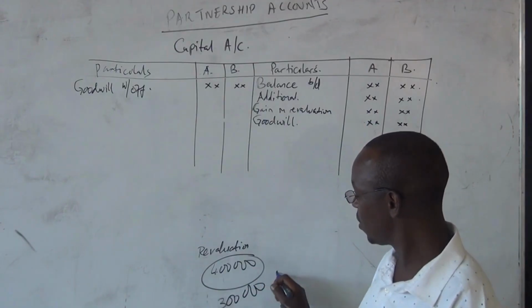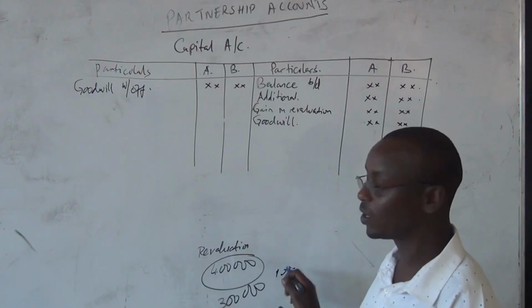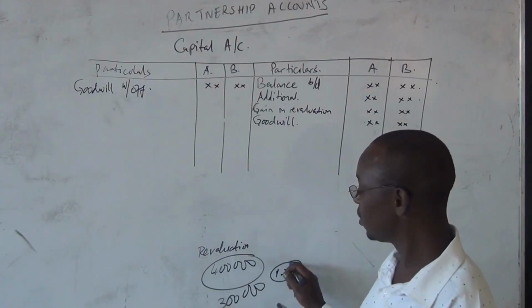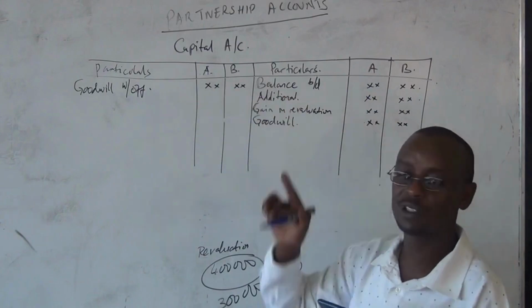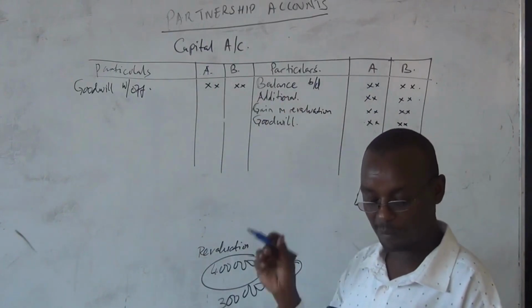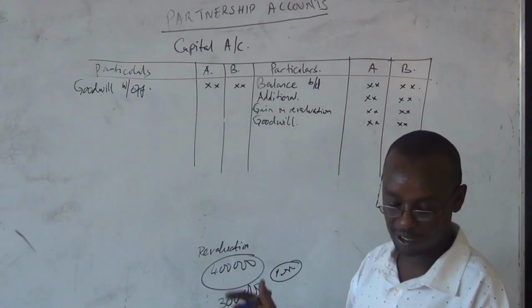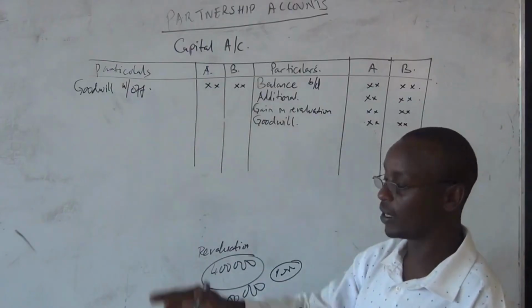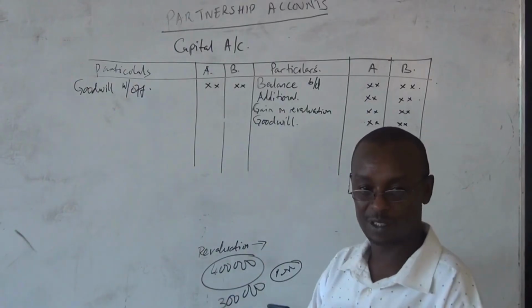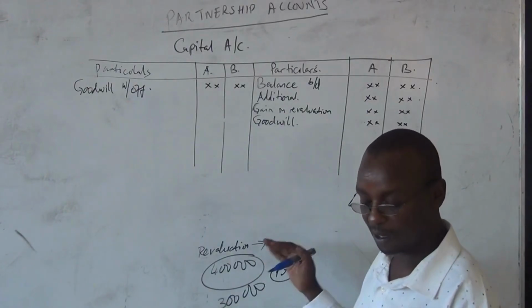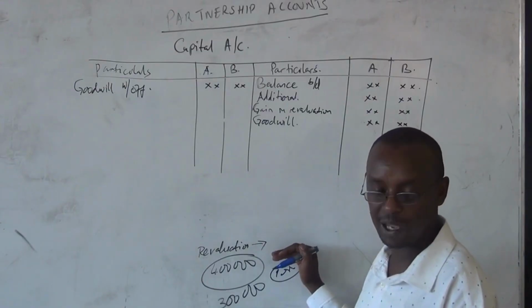So it means you have written off 100,000. This one you divide in the profit sharing ratios and apportion it to the partners and put it on the debit side. Sometimes the revaluation does not always lead to gains.